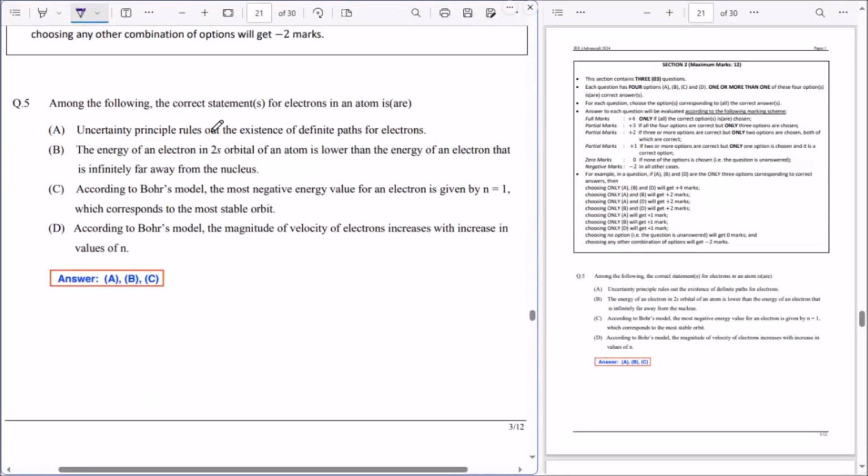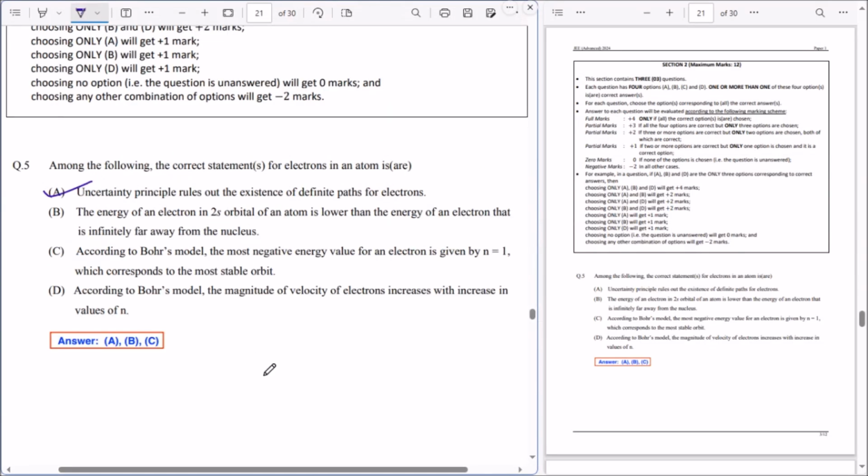Among the following, the correct statements for electrons in an atom is, that is R. A. Uncertainty principle rules out the existence of definite paths for electrons. Yes. And B also is true. The energy of an electron in 2s orbital of an atom is lower than the energy of an electron that is infinitely far away from the nucleus.